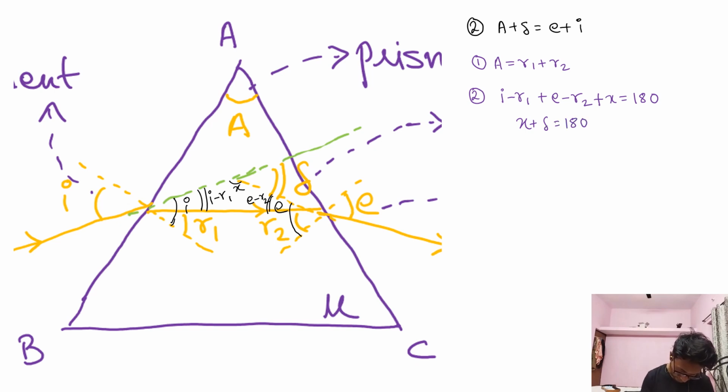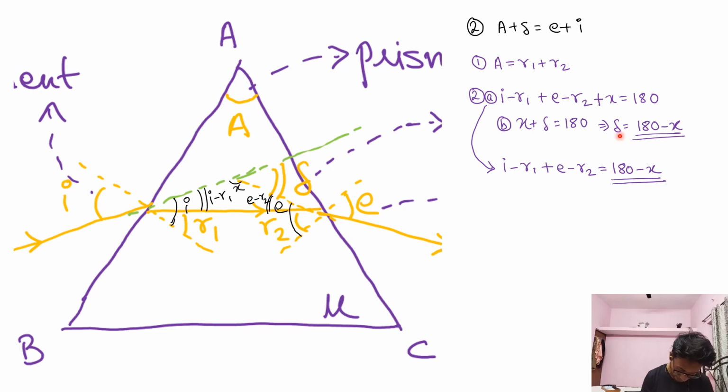So if I send this to the right hand side, this is equation A, this is equation B. D is equal to 180 minus X. From equation 1, I minus R1 plus E minus R2 is equal to 180 minus X. Now if you compare this equation and this equation, 180 minus X is equal to D, and 180 minus X is equal to I minus R1 plus E minus R2.